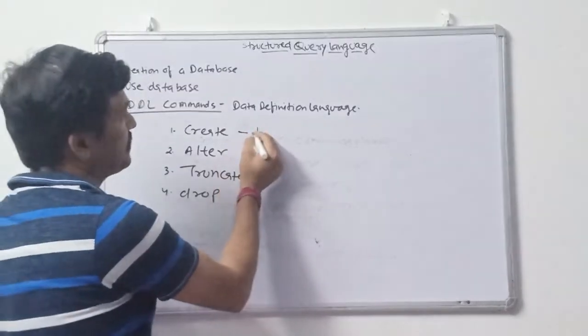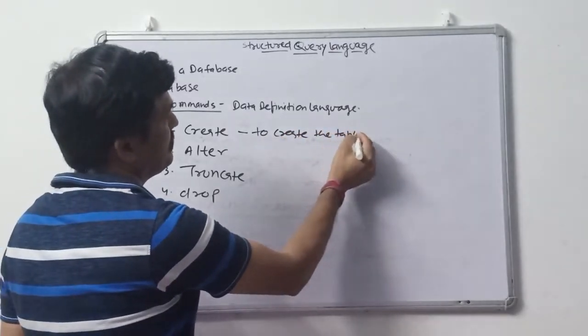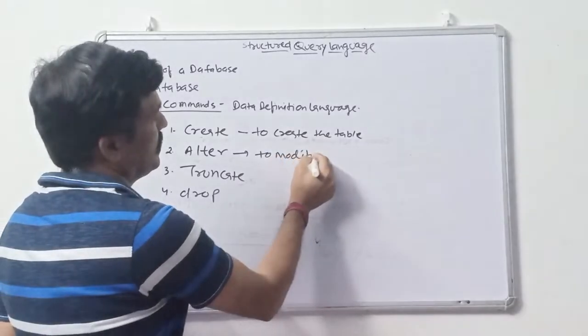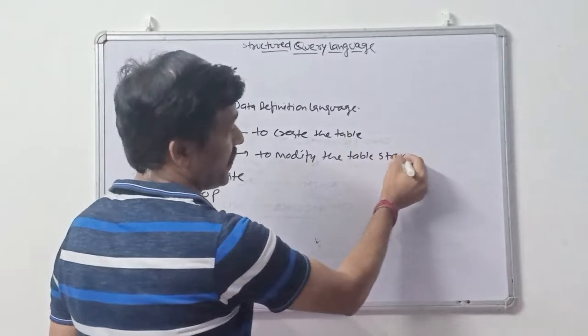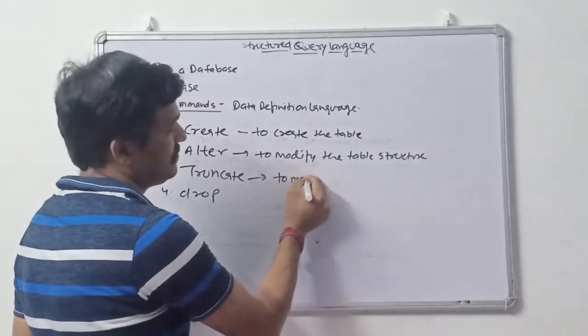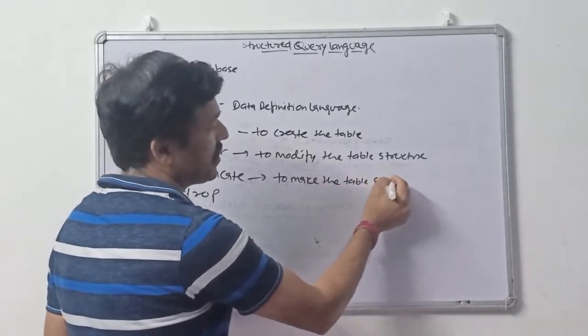So create, to create the table. Alter, to modify the table structure, not the data. Truncate, to make the table empty.